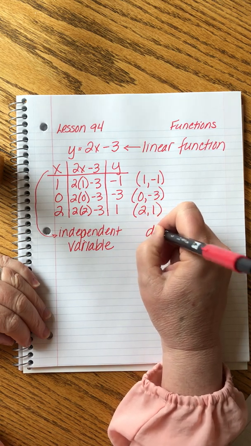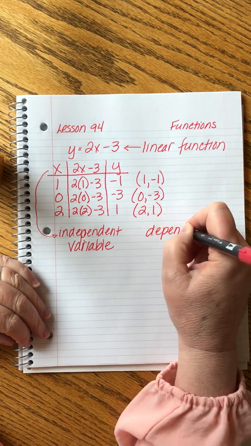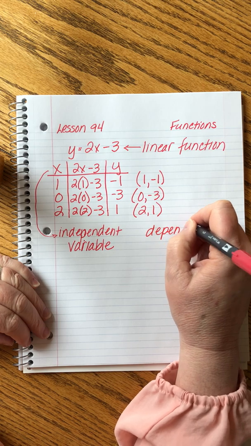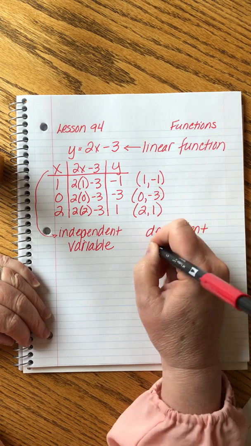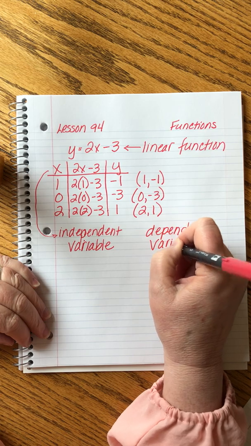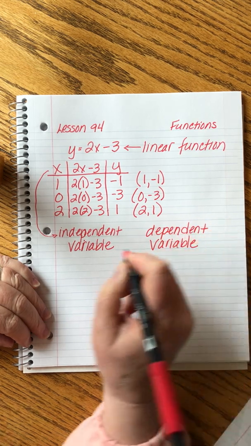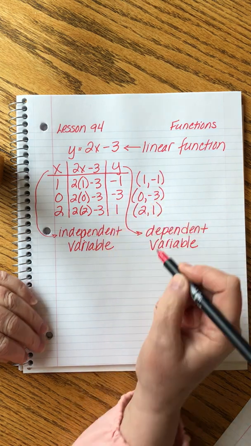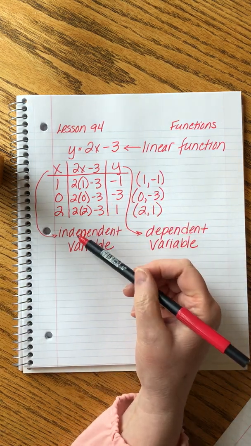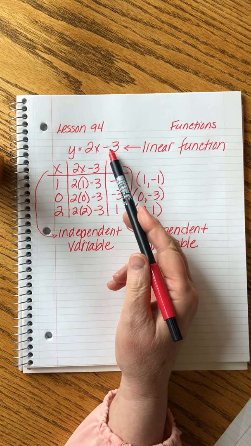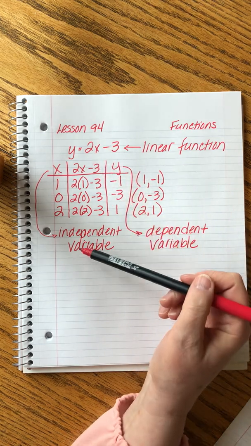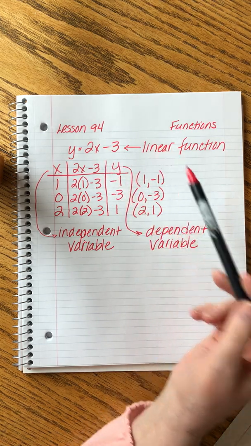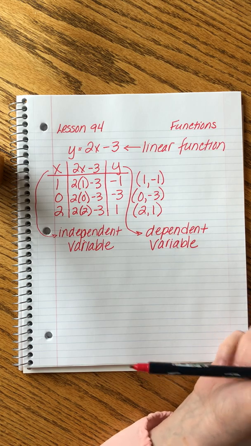They were what we call dependent variables, right? The value that we got for y depended on what we chose for x and the function itself, right? We combined the independent variable with the function, and we got the dependent variable.